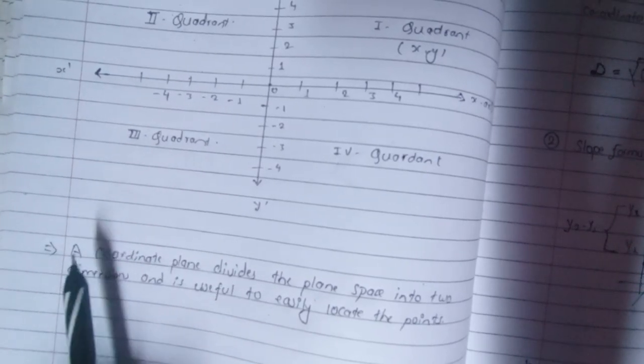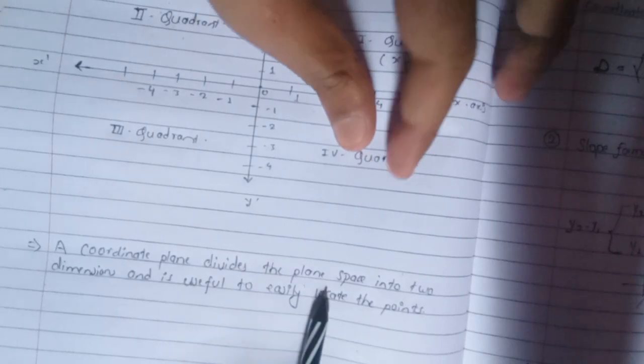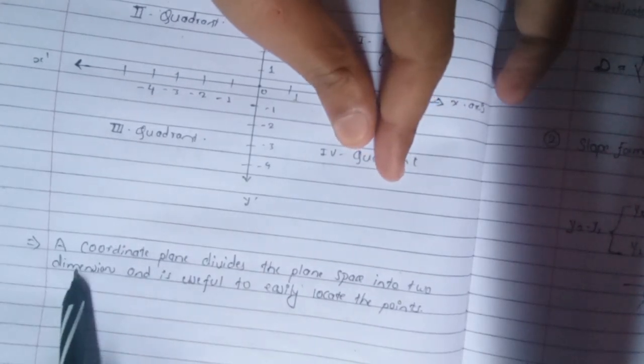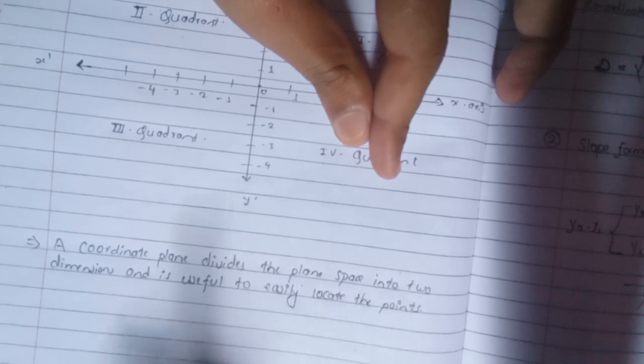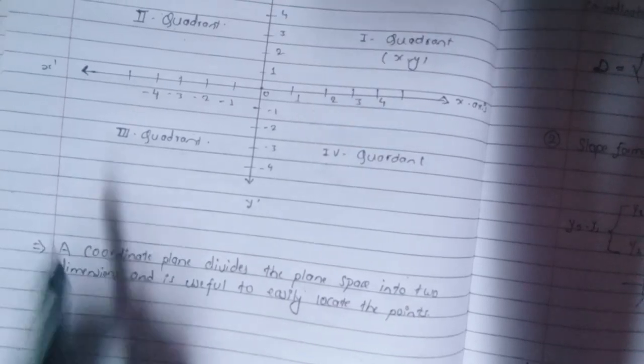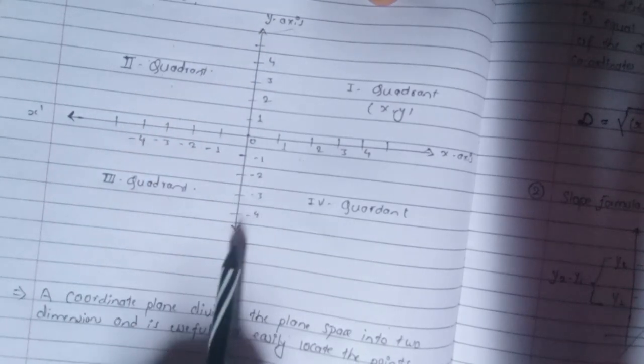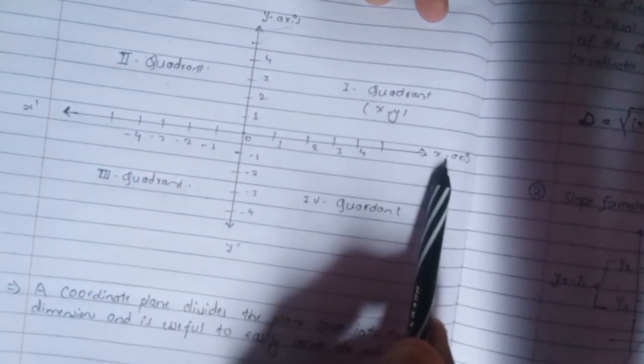So it divides the plane space into two dimensions, such as the y-axis and the x-axis.